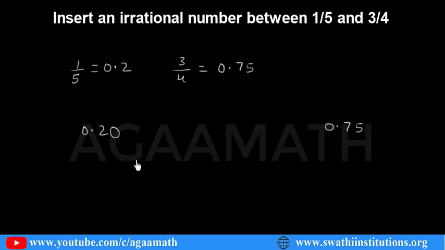In between we get many numbers, like 0.21 and so on. If you observe, between 0.20 and 0.75, I started with 0.21, which is after 20, and the decimal part is non-terminating as well as non-repeating.